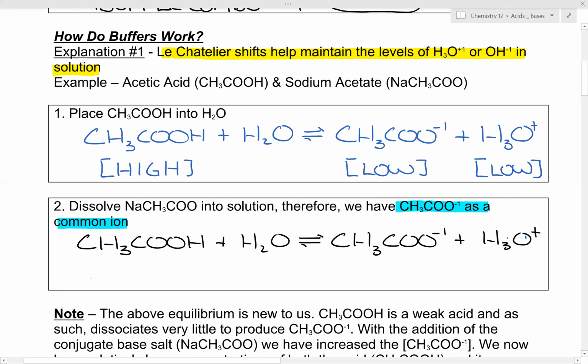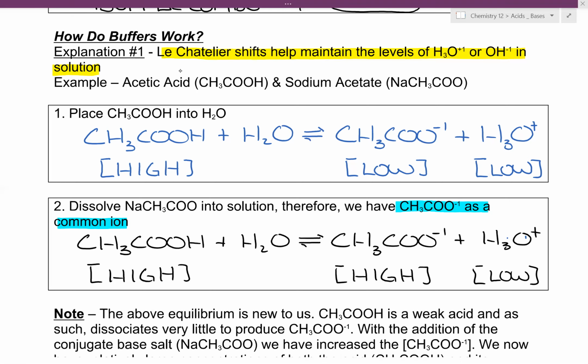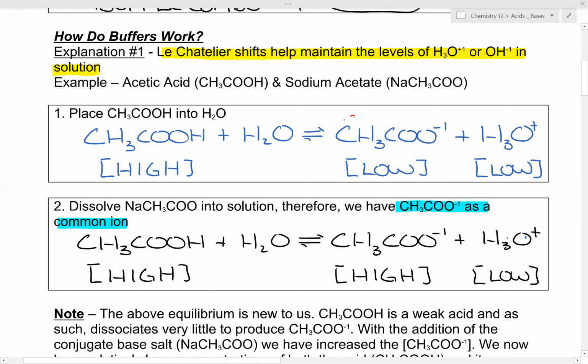But the key difference now is you have a high concentration of your acid, a high concentration of your conjugate base salt, and your H3O plus is still low. Notice that there is no difference in the products, but the key difference is the concentration, what I've circled in red.